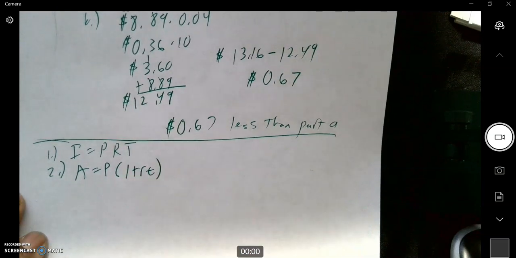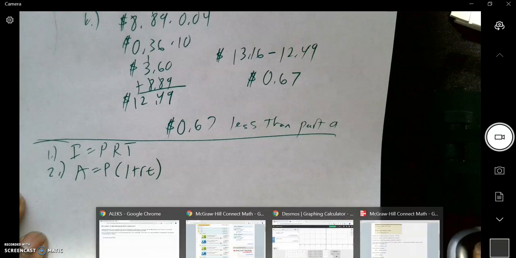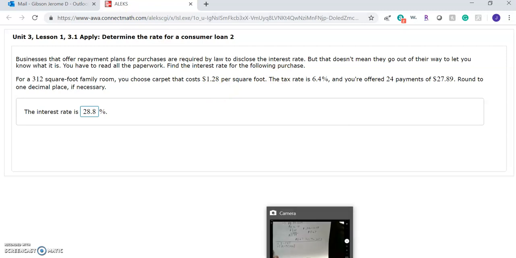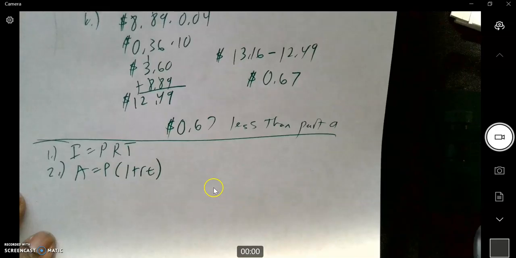Now, we want to look back at our problem. It says here it's a 312 square foot family room, and you chose carpet that costs $1.28 per square foot. So let's write that down. So it's 312, 1.28.